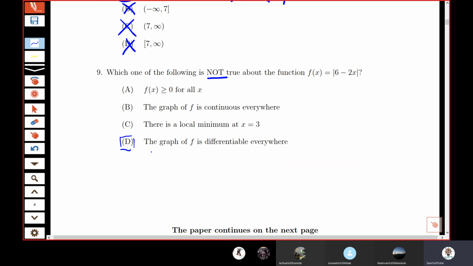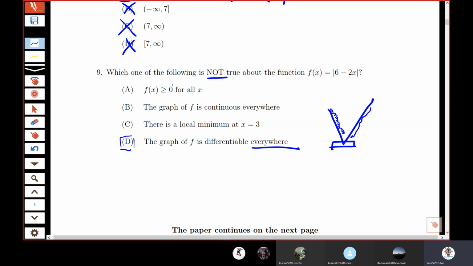Because you can't differentiate at that little bit there. The fact that it's sharp, we can't actually differentiate it. We can differentiate this component, this component, and so on, but right there, we actually can't differentiate. So it is not differentiable everywhere.